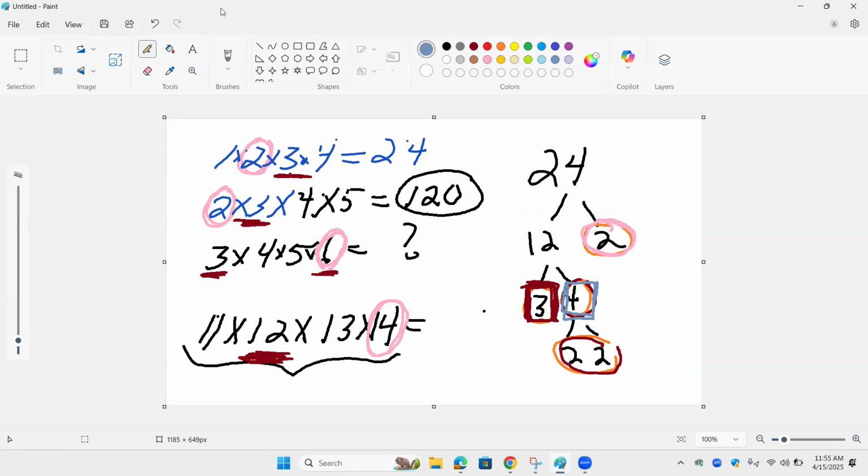So this is divisible by four. This is divisible by four. This is divisible by four. Over here, 12 was divisible by two.